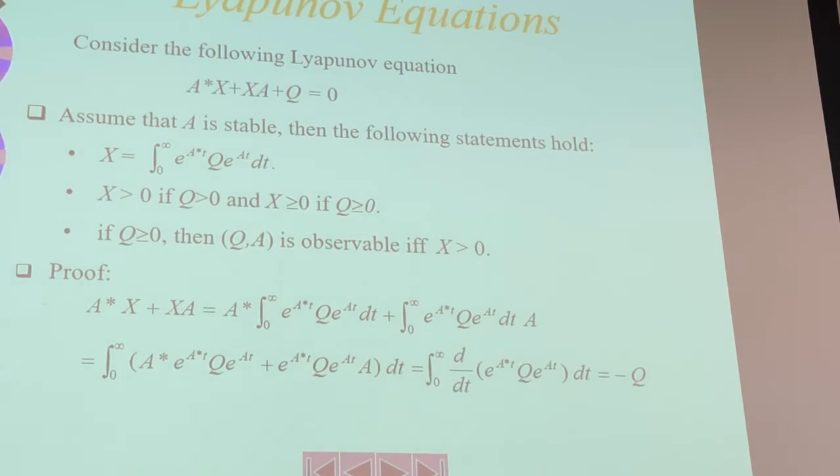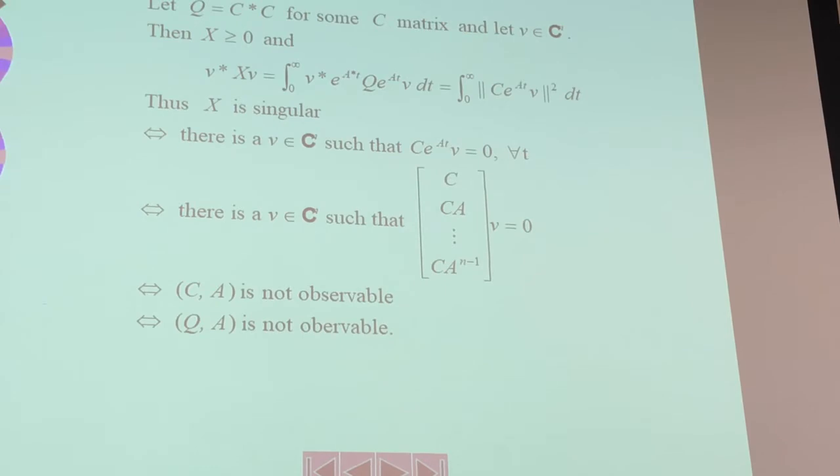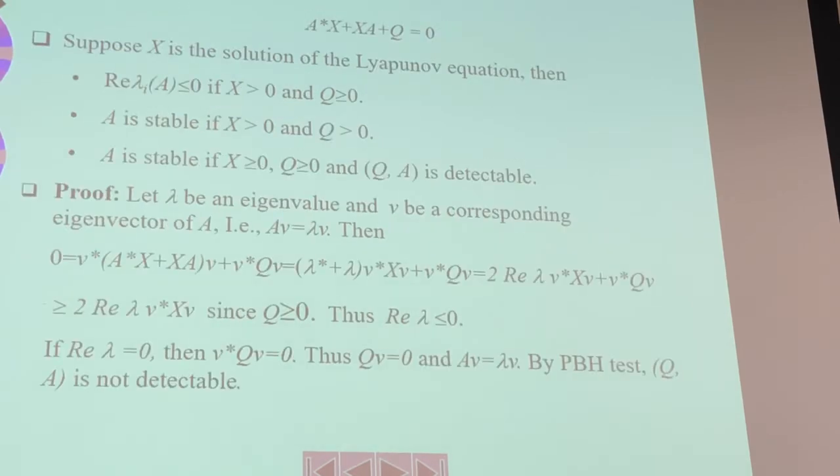And X will be positive definite if Q is positive definite, and semi-definite otherwise. So this is a conclusion we can see. Also from the system point of view, we can see Q and A is an observable pair. We have shown this proof here. So this is the Lyapunov function.